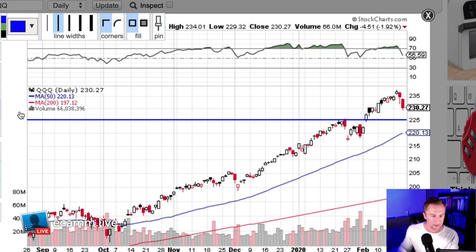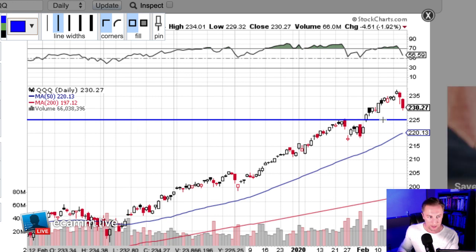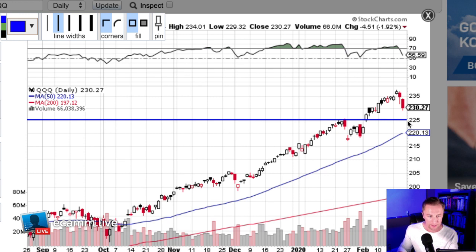So I would say a good range to start getting into it: I think it's going to bounce where this line is, the 225 marker. I think it could pull down another $5 easily because this is a previous resistance that was broken. It gapped up and broke, and now it's support.